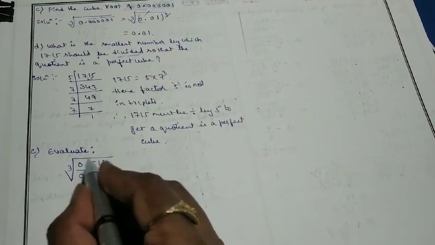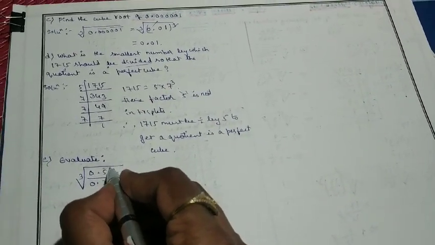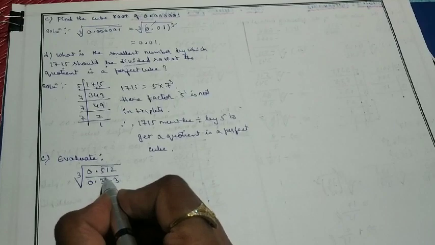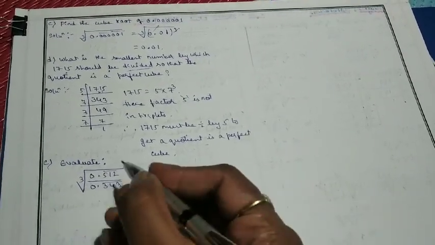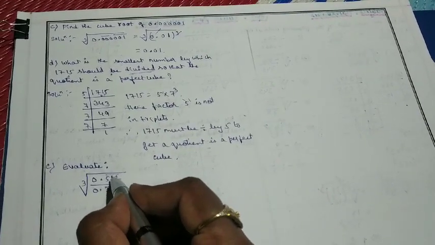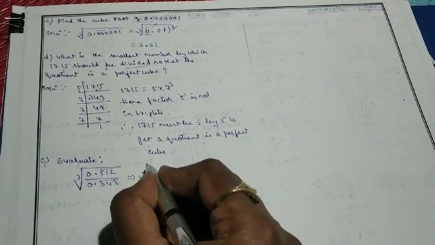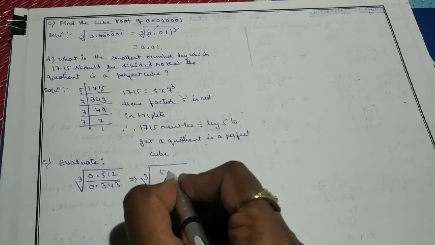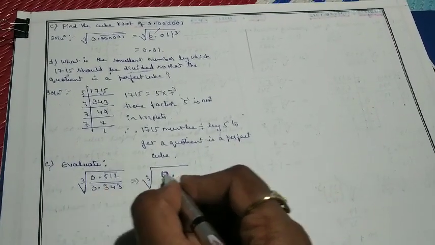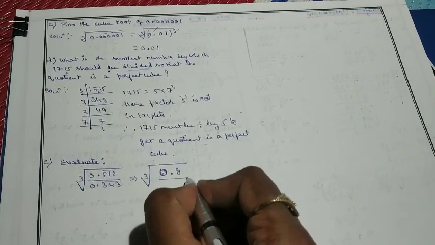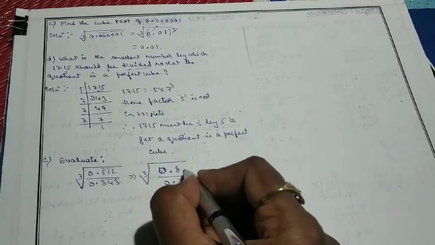Evaluate cube root of 0.512 divided by 0.343. Here 3 digits make one period, 3 digits make one period, and before 512 we have a 0, so it doesn't have any value. So 512 is a perfect cube and 343 is also a perfect cube. Directly I can do this, children. 512 is a perfect cube of 8, so 0.8, divided by 343, a perfect cube of 7, so I can write 0.7 whole cube.